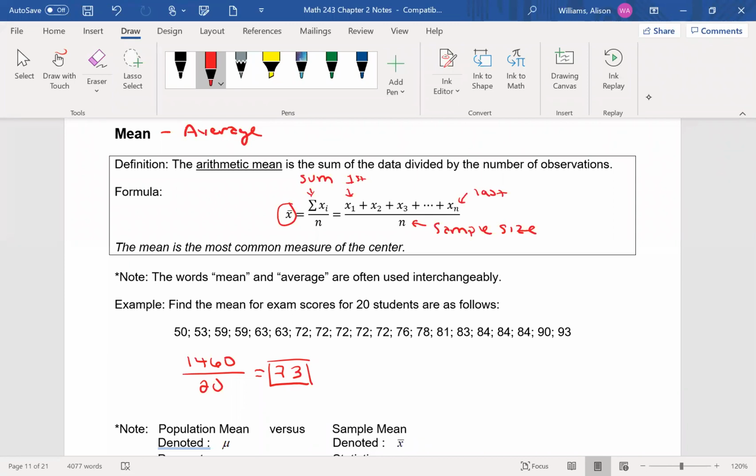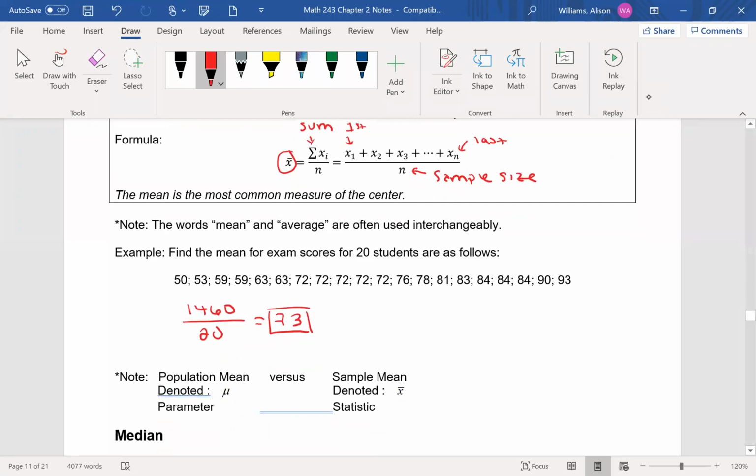I did want to make a couple important distinctions. So x bar is what we use when we're talking about the sample. But when we're talking about a population, we use a different symbol. That symbol is mu. That's the Greek letter mu, and it represents the population mean. So it's like a U with the tail in front.